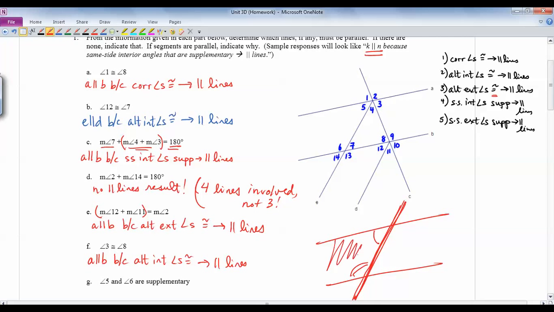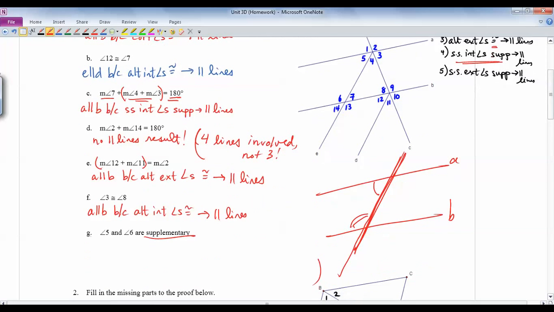They're both inside the 2 lines, so they're same side interior angles. They're supplementary, and if same side interior angles are supplementary, we do get parallel lines, and in this case it's A and B again. So A would have to be parallel to B because same side interior angles that are supplementary give you parallel lines.